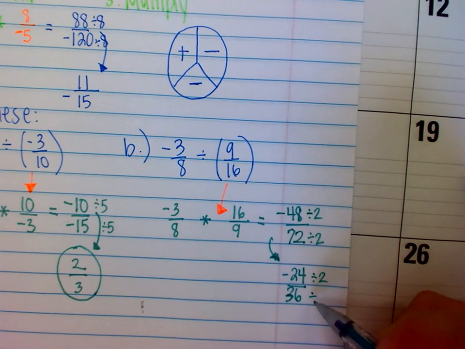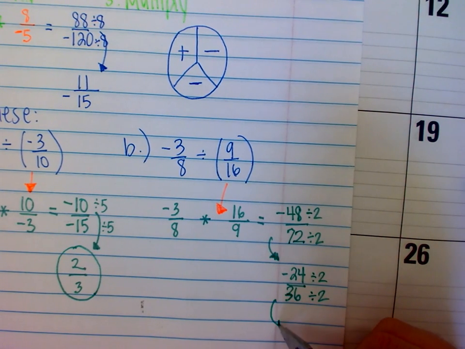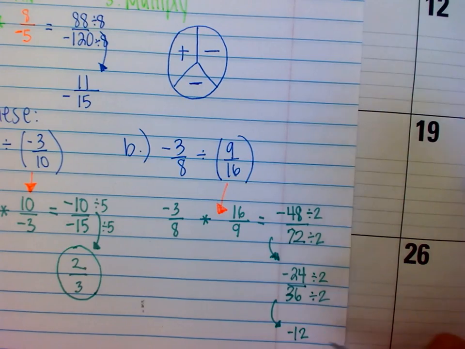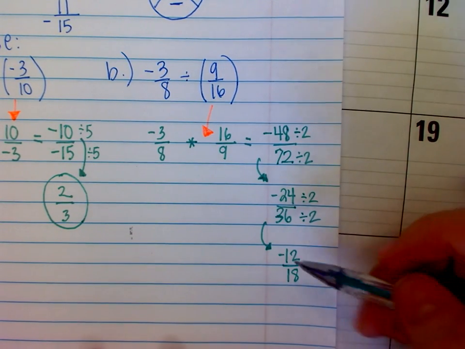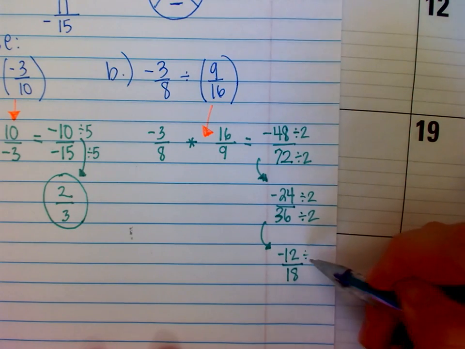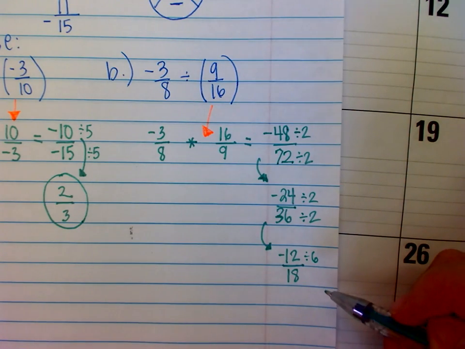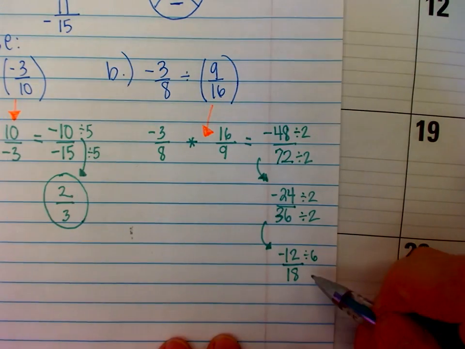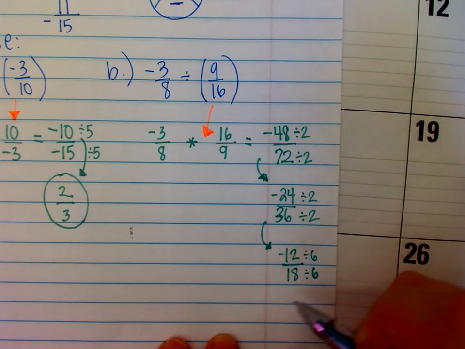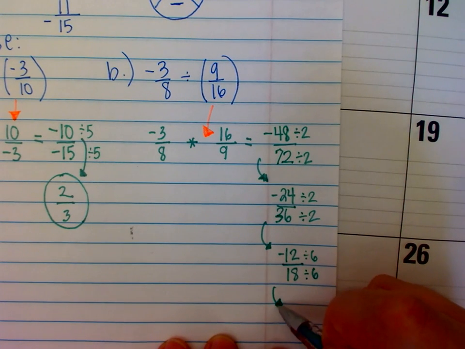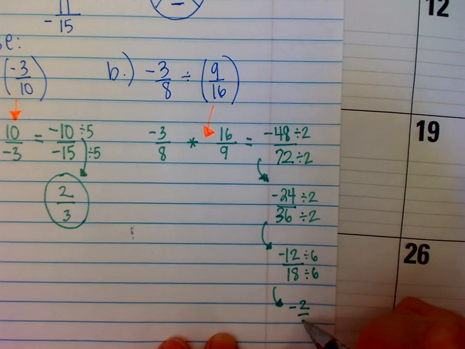Let's go ahead and keep dividing down. Now I know I can divide those both by 6. And we get a solution of negative 2 over 3.